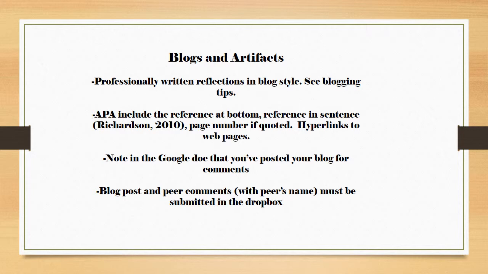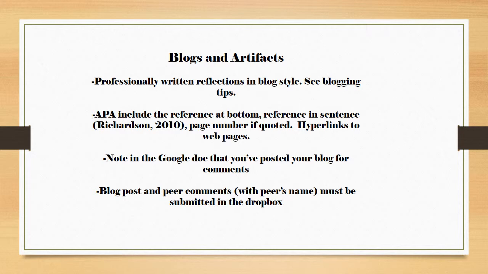And just some things to think about. We want them to be professionally written. This is a graduate class, so we want them to be at a certain level. There are blogging tips in the resources area, so you can go in there and share that. Make sure that you do include APA.